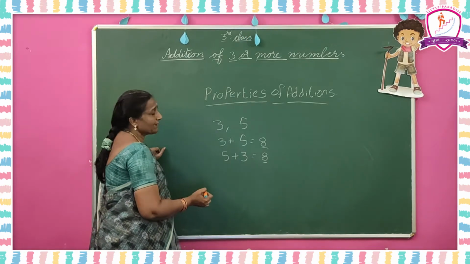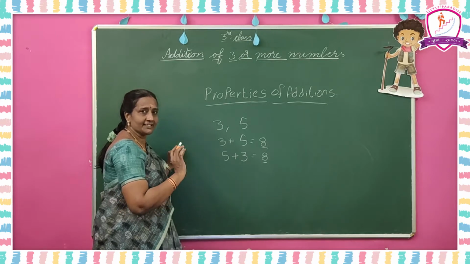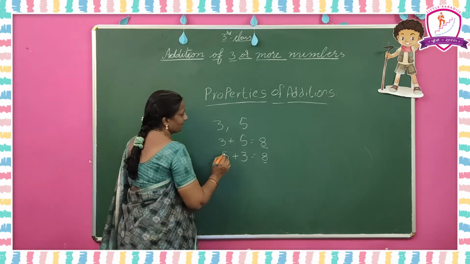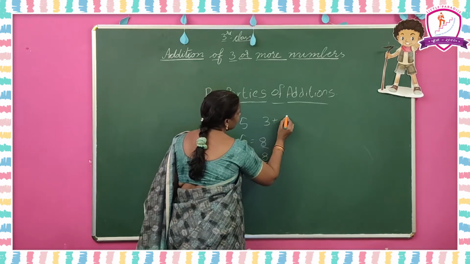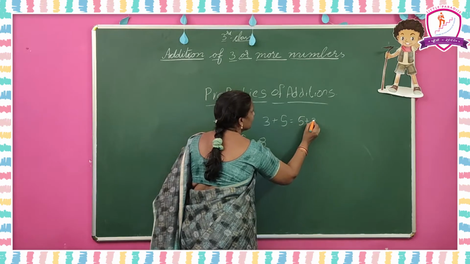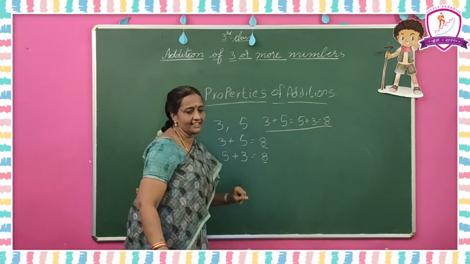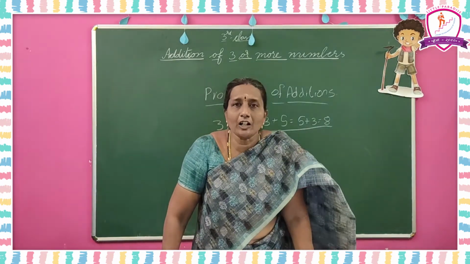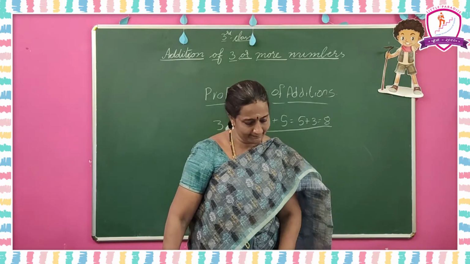That means if the order of the numbers is changed, the sum remains same. 3 plus 5 is equal to 5 plus 3 is equal to 8. This is order property of addition.